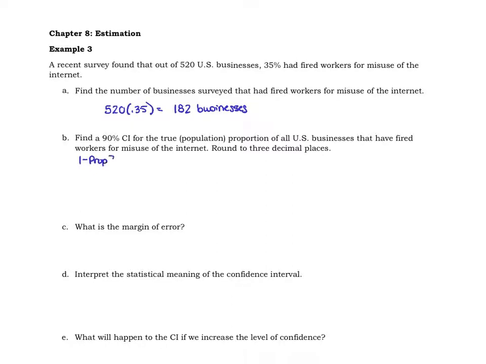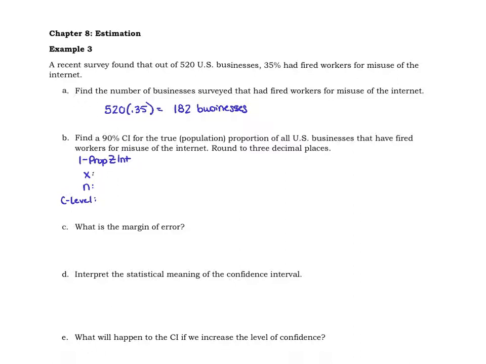So again, we're going to go for a 1 proportion Z interval. So stat, arrow over to tests, and then down to 1 proportion Z interval, again, probably around A somewhere. And we've got to enter the values of X, N, and our confidence level. Now X, this is where we had to know that 182, okay?